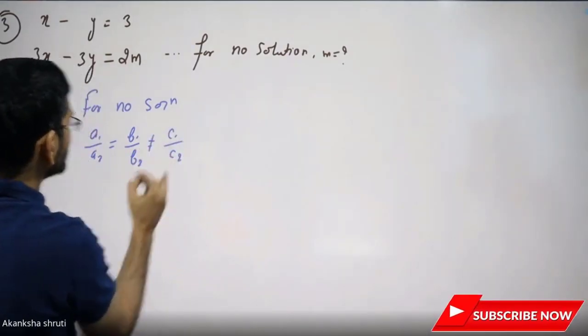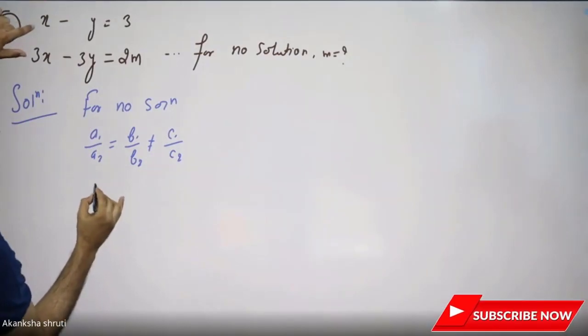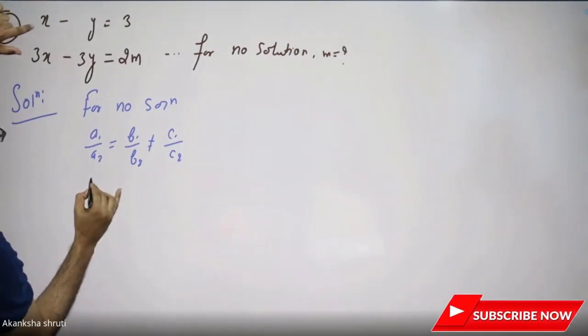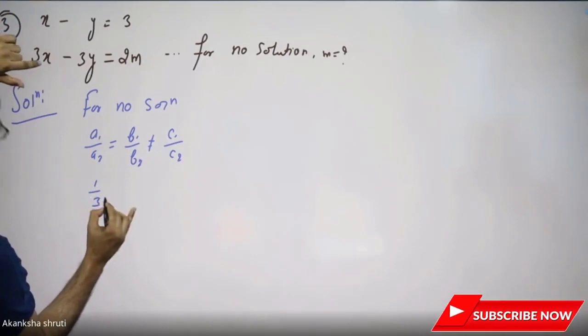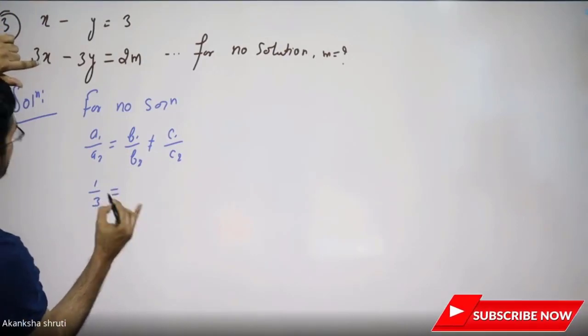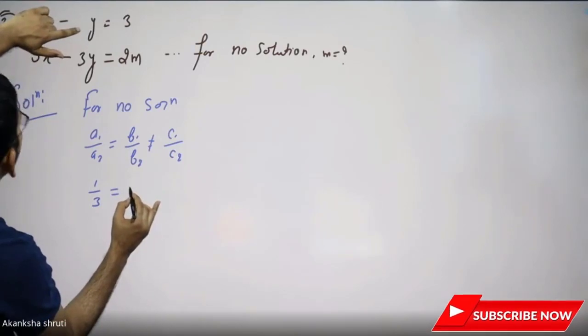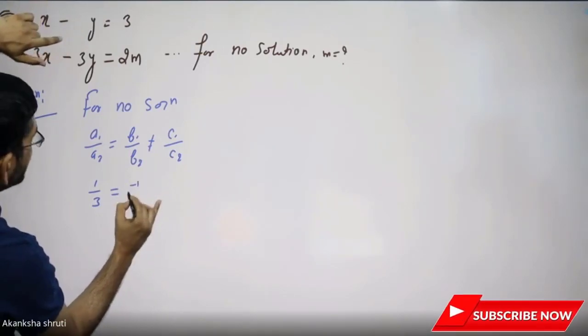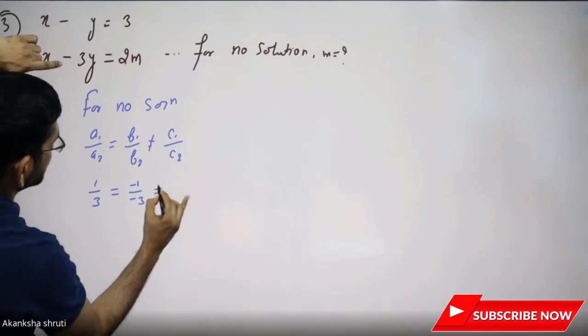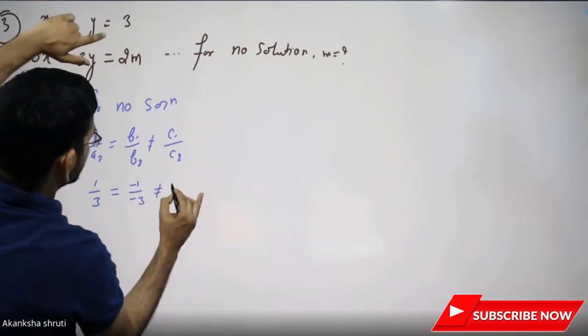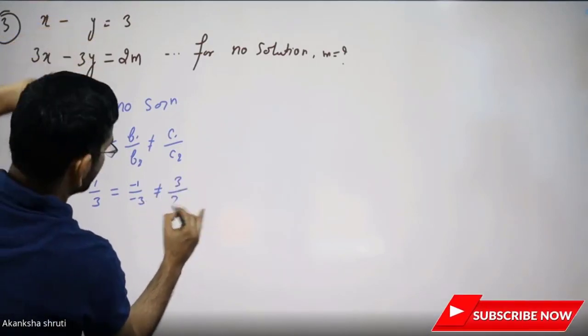So we need to ensure this. Substitute a1, the coefficient of x, as 1, and a2, the coefficient of x from the second equation, as 3. This should be equal to b1 as minus 1 and b2 as minus 3, and it should not be equal to 3 by 2m.